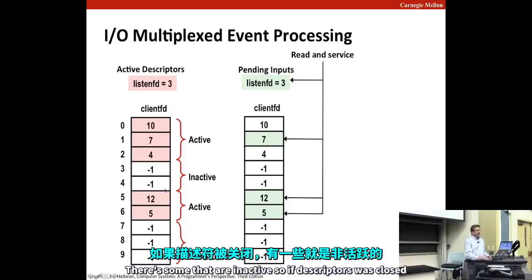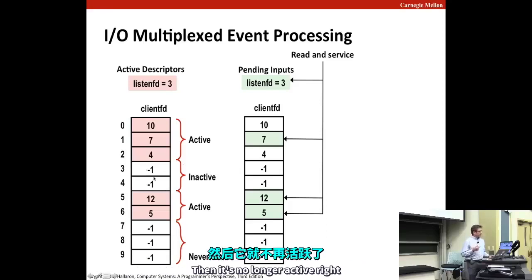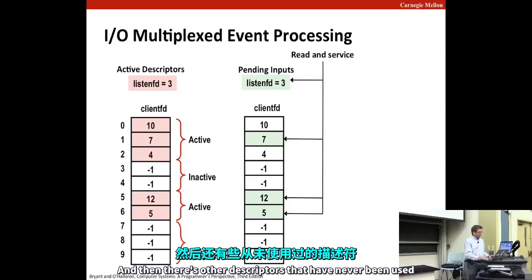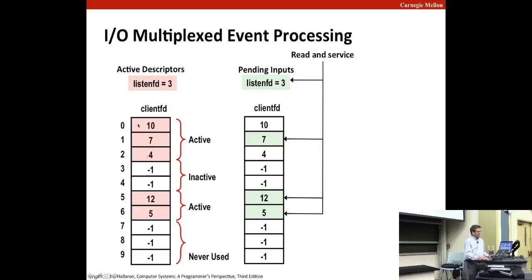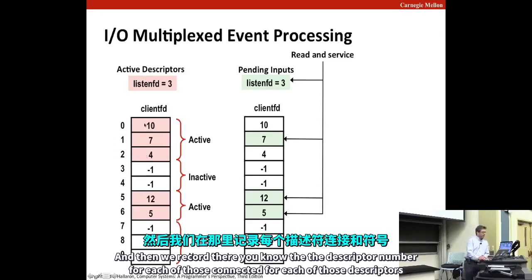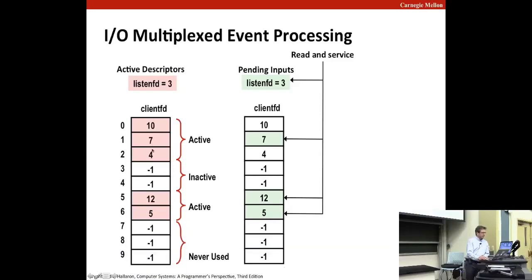There are some that are inactive, so if a descriptor was closed, then it's no longer active. And then there are other descriptors that have never been used. So we just have this array of descriptors, and we record the descriptor number for each of those connected descriptors.